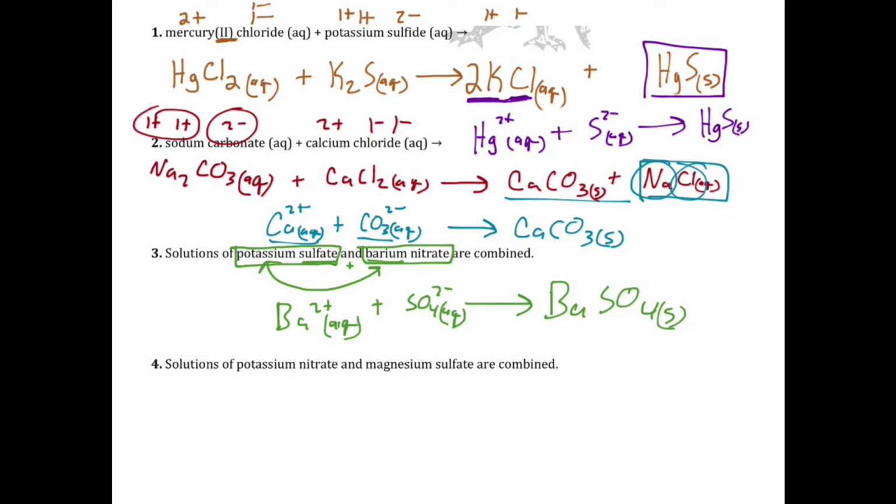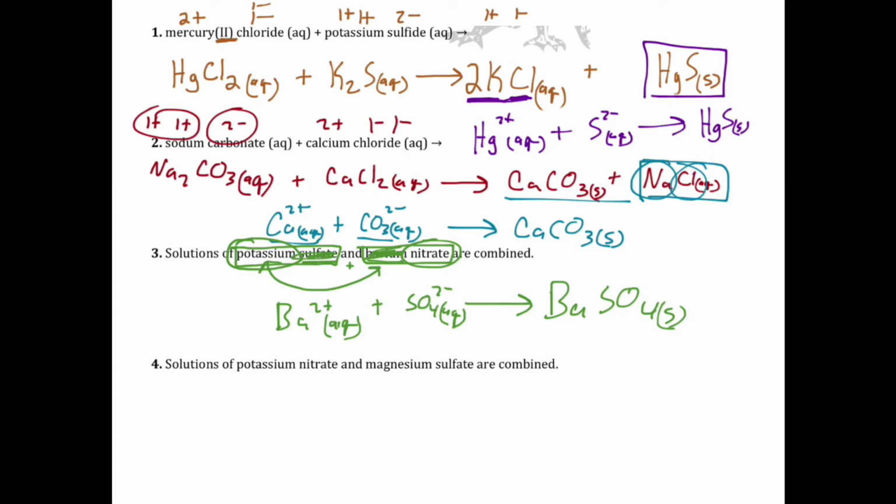Now, this is your net ionic equation. Notice how it's the sulfate and the barium that made the net ionic equation, and the ions that are left over, the potassium and the nitrate, are going to be your spectator ions. The ones that aren't part of the net ionic equation are your spectator ions.